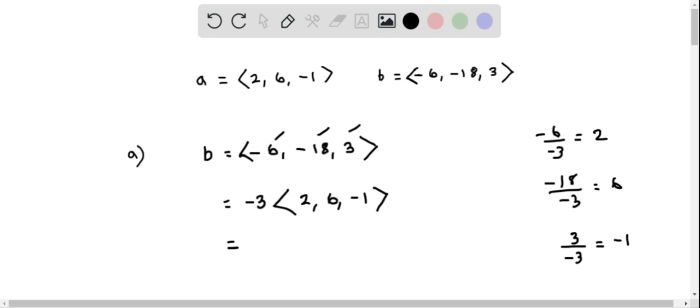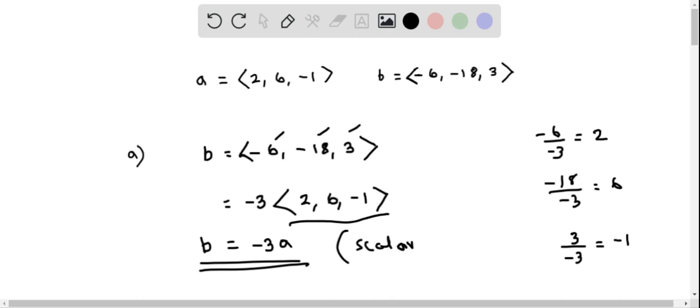Now we can clearly see that this is nothing but the A vector. So replacing this vector by A vector, we get negative 3 A vector. That is, we are now getting the relation B vector equals negative 3 A vector. So we are able to see that the B vector is a scalar multiple of A vector.